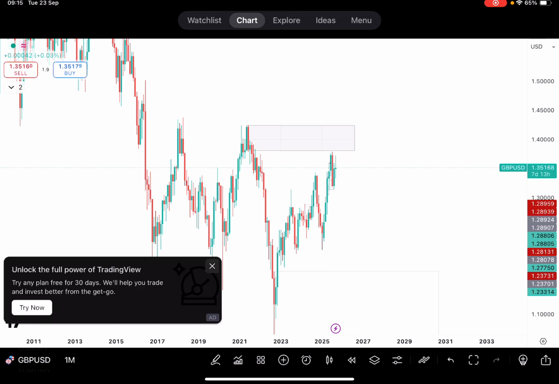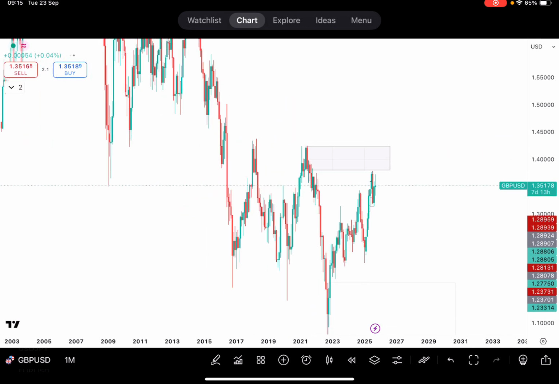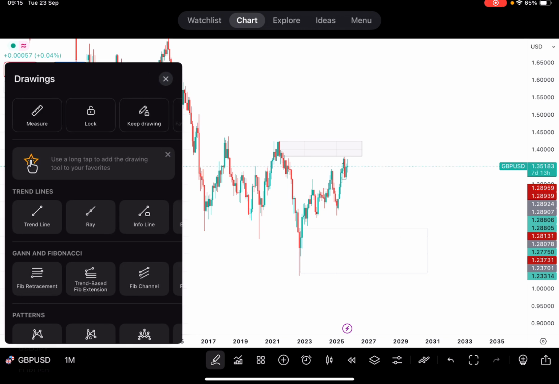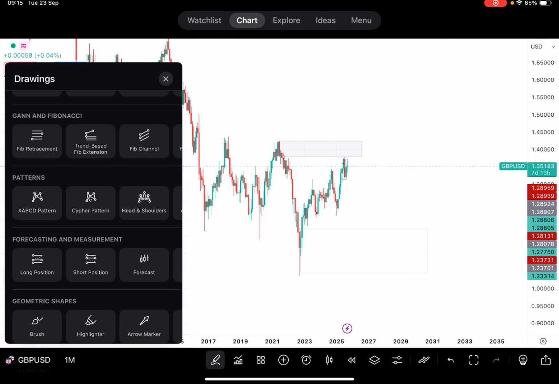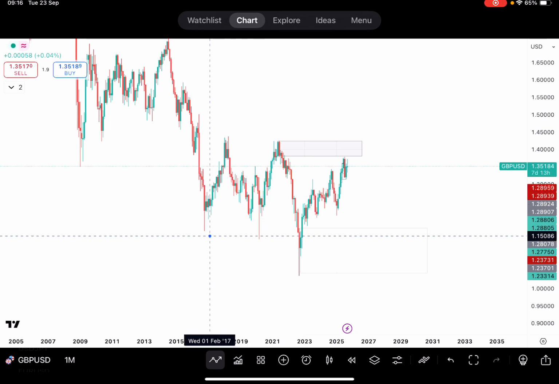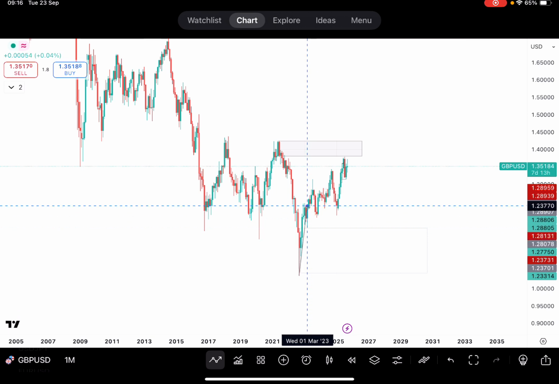I start from the monthly time frames. So we have the monthly time frame. We have GU here. Then we're looking at GU. GU has been in an uptrend for quite a while now. So we have this push to the upside.